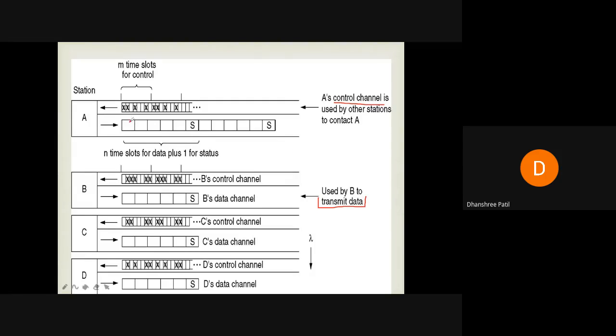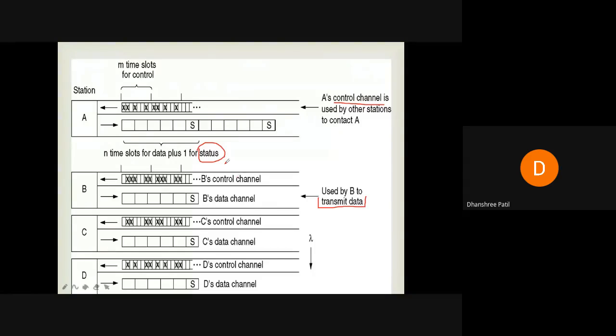transmission data channel is again divided into slots, where one slot is used for the status, and this status contains the status of a particular station, whether it is occupied by another station or whether the station is free.